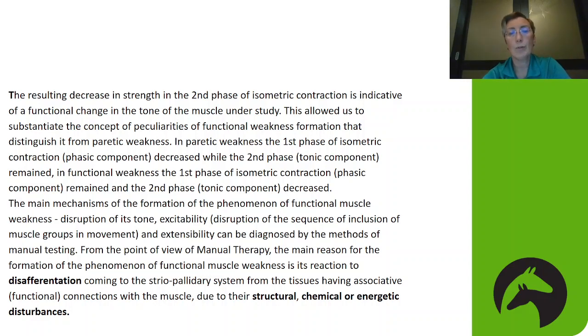From the point of view of manual therapy, the main reason for the formation of the phenomenon of functional muscle weakness is its reaction to disafferentation coming to the striopallidar system from the tissues having associative connection with the muscle, due to structural, chemical, or energetic disturbances.